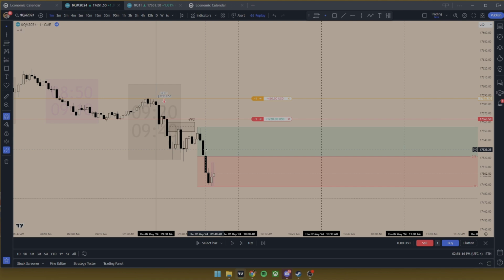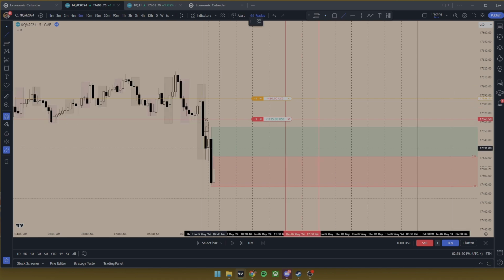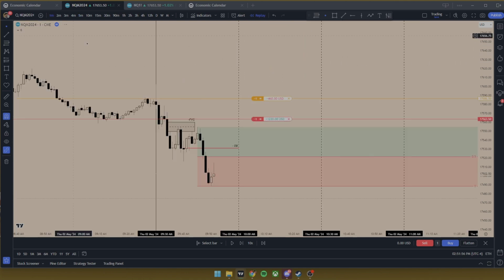The most likely scenario is we trade up into this premium, leave a portion of this unfilled, and begin displacing lower. Why? Well, if we jump to our 5-minute chart, we have an order block. Denote that on our higher time frame and translate that to our lower time frame chart.